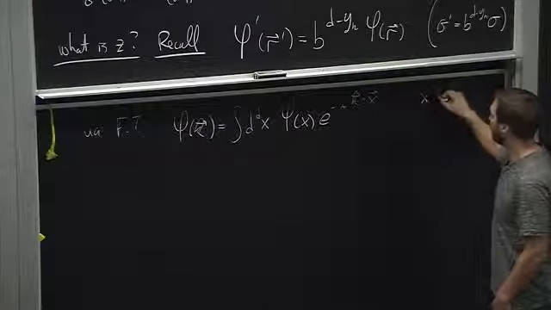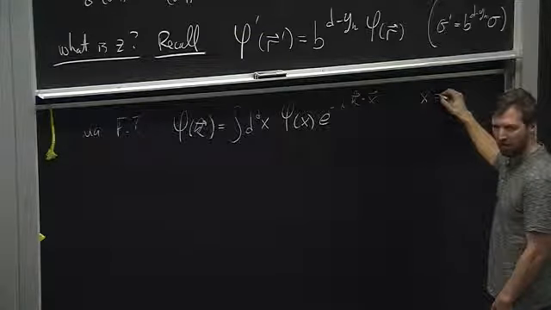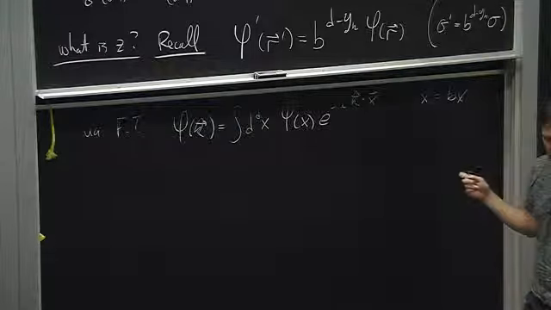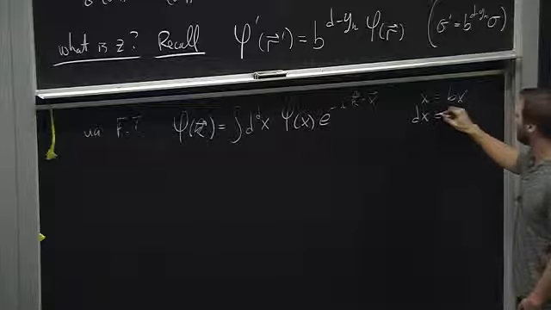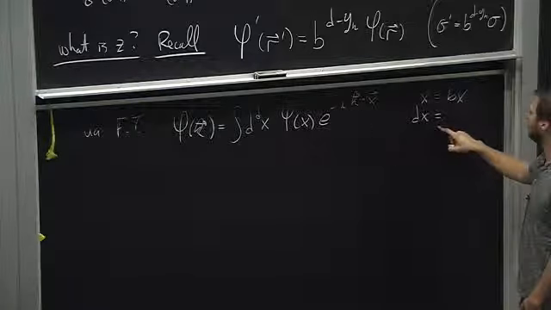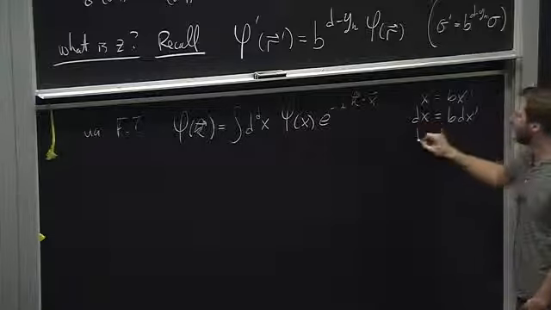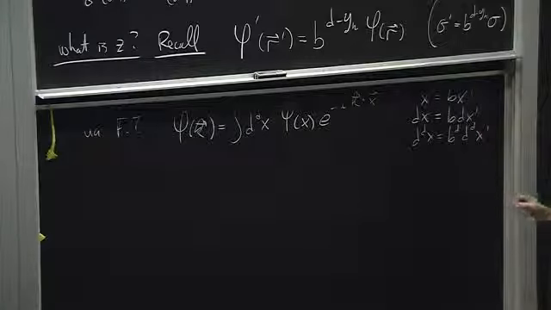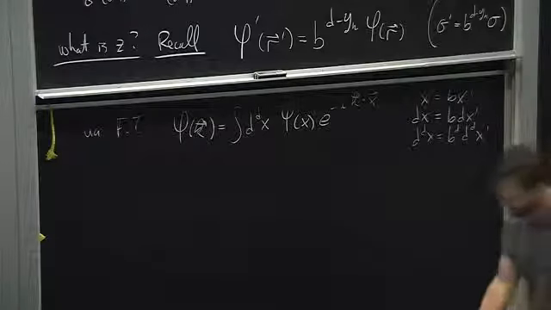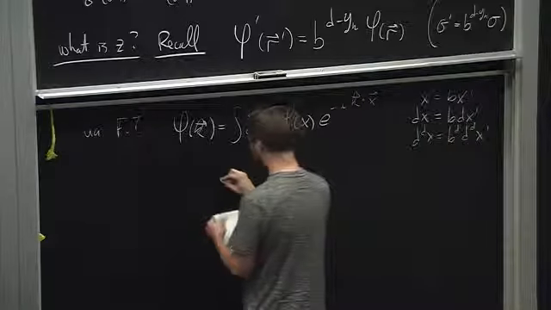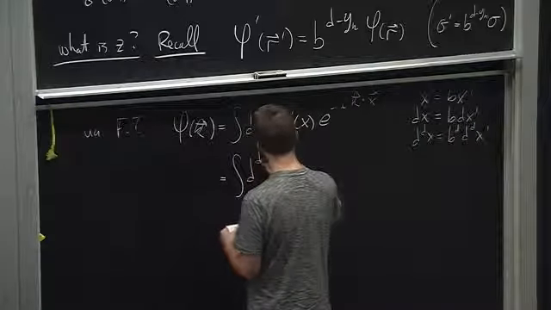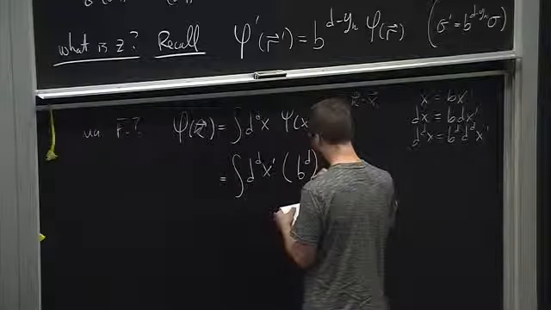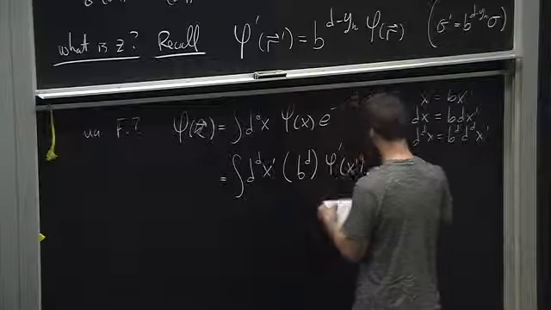And then x is what? B times x prime, right? What else do I need? Oh yeah, so then this is what I'm doing here. dx is b dx prime, and d to the dx is b to the d dx prime. So this thing, dx rescaled at the cost of b to the d, phi prime, x prime.